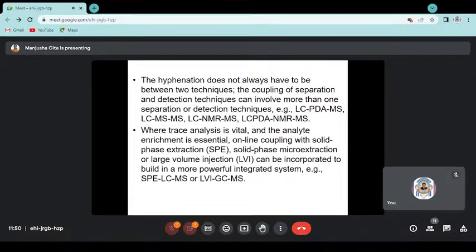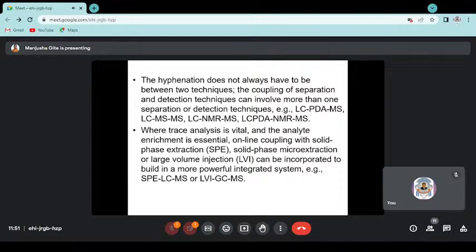So first of all, we start with GC-MS. GC-MS and LC-MS are the more commonly used hyphenated techniques. GC-MS combines the features of gas chromatography and mass spectroscopy to identify the different substances in a test sample.